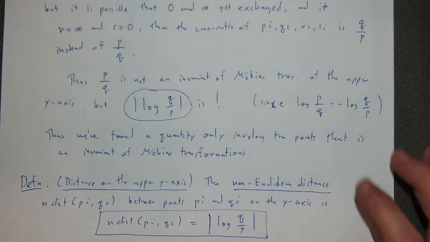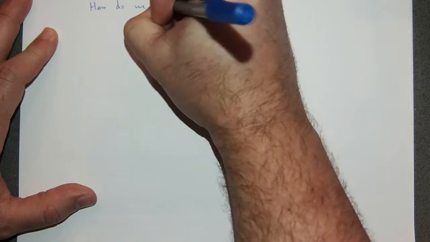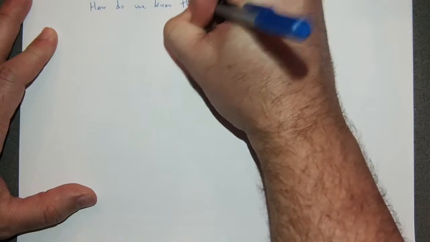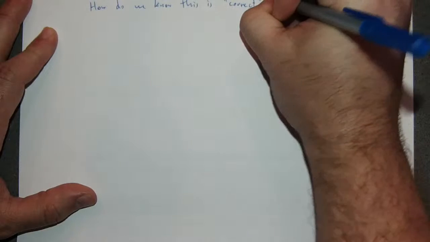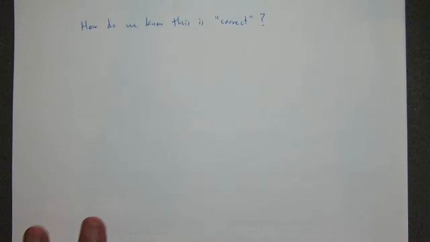All right. So, how do we know that this is the correct notion of distance? What would it mean to be the correct notion? Well, the idea here is that it should behave like distance normally behaves.